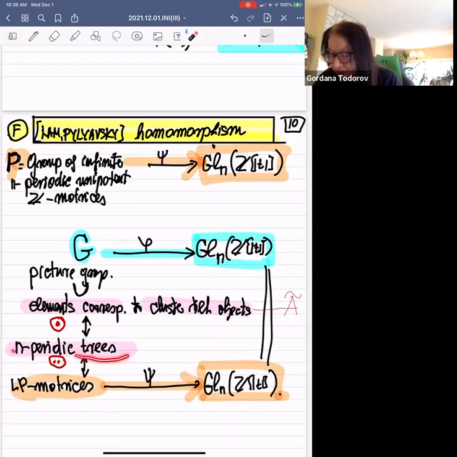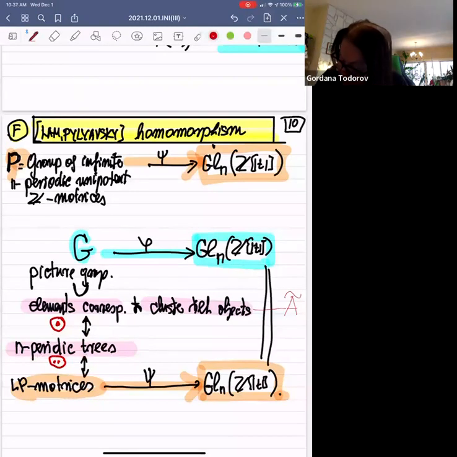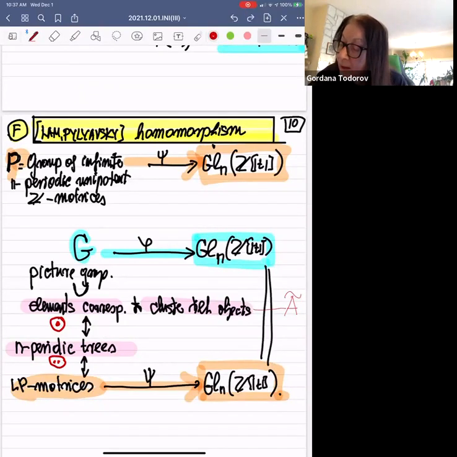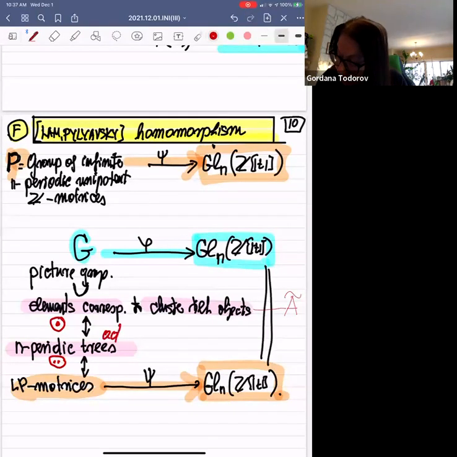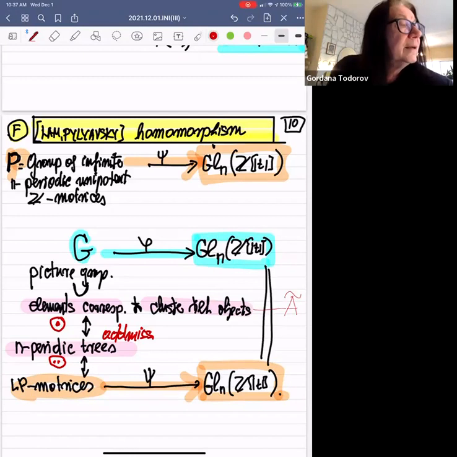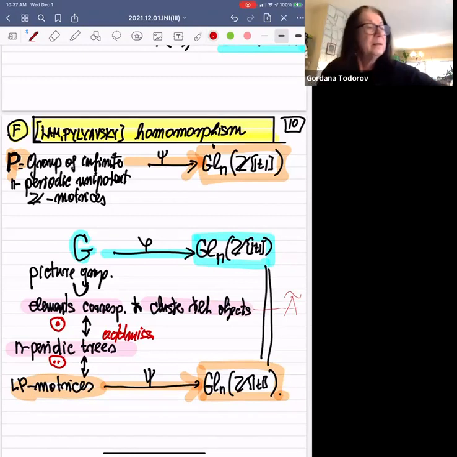So for trees of AN, there is a correspondence to finite matrices, to admissible trees. N periodic, I forgot to write here, it should be admissible trees. Okay, so it is only about admissible trees.